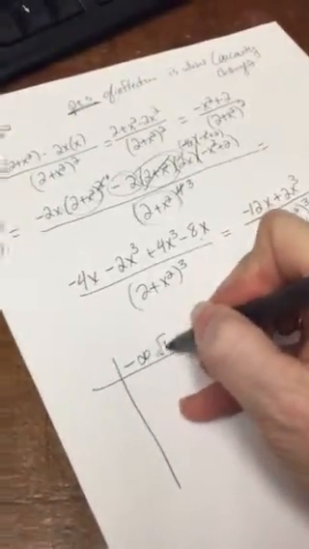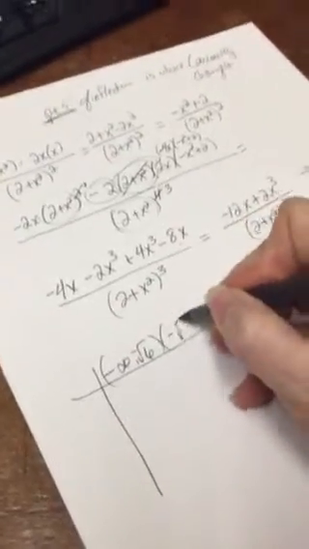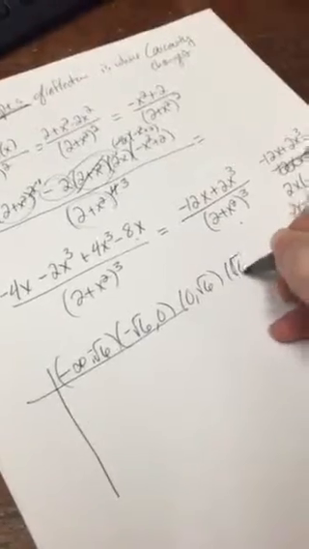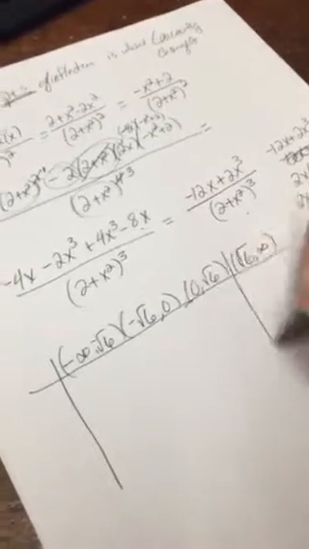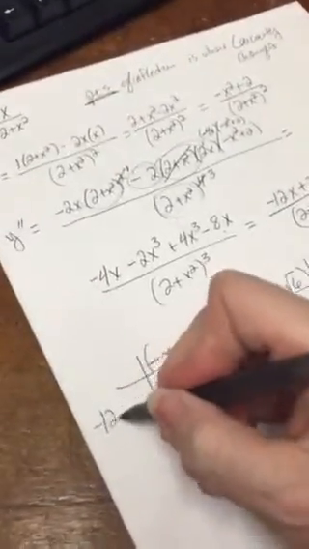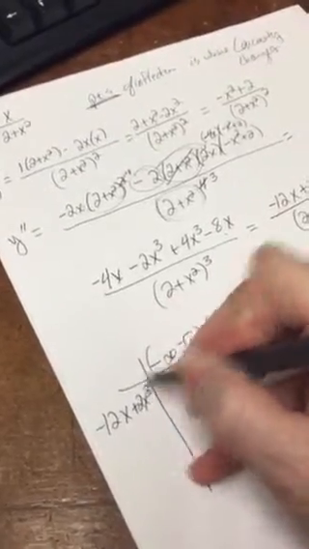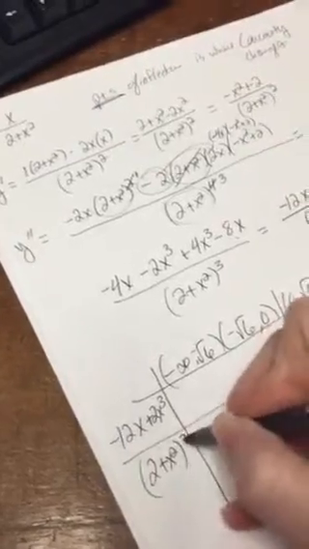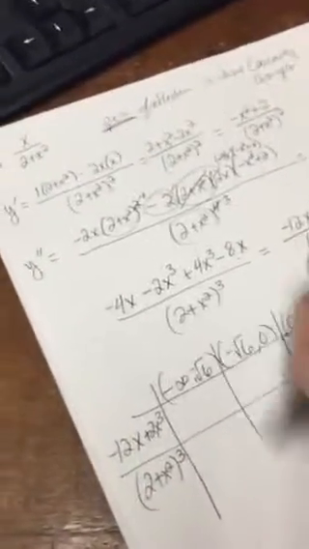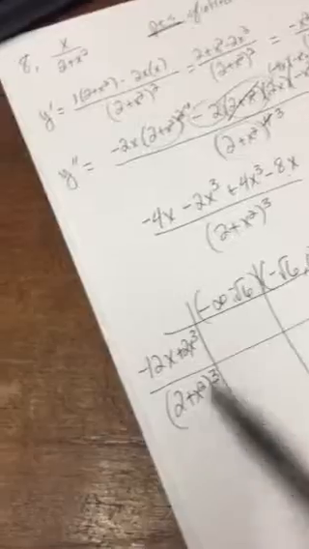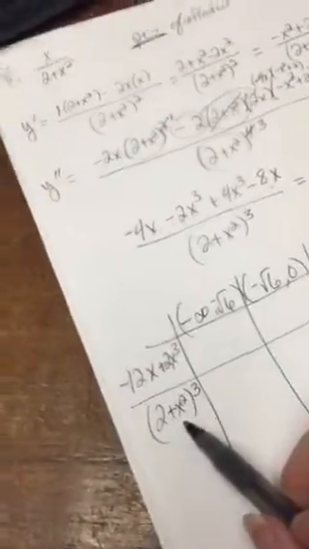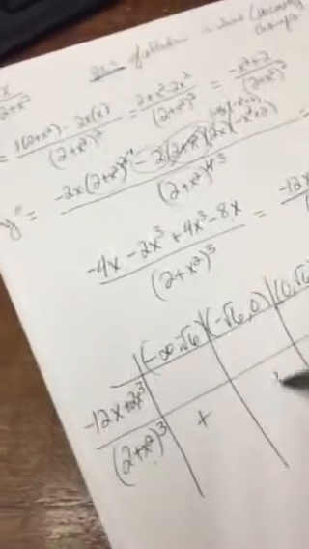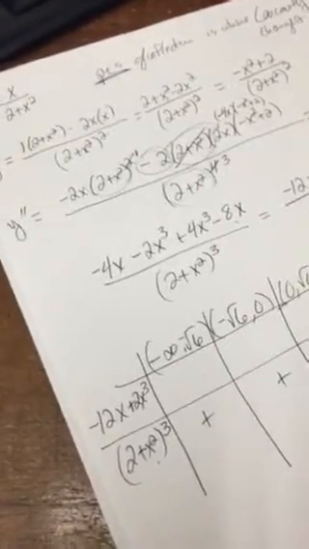So minus infinity to negative square root of 6, negative square root of 6 to 0, 0 to square root of 6, and square root of 6 to infinity. Now notice on the bottom here, x squared is always going to be positive, plus 2 is always positive. A positive number cubed is always positive.